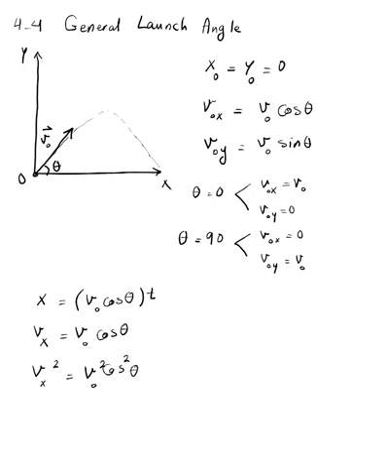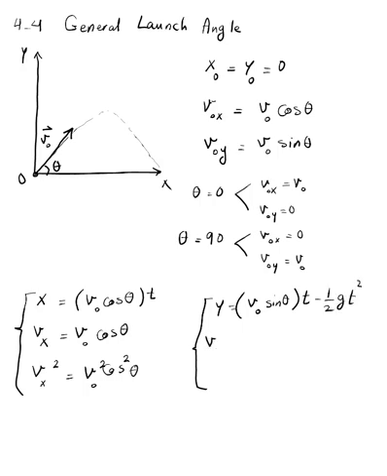So this is for the x direction. In the y direction, y equals V naught sine theta, which is V naught y, times t minus half g t squared.